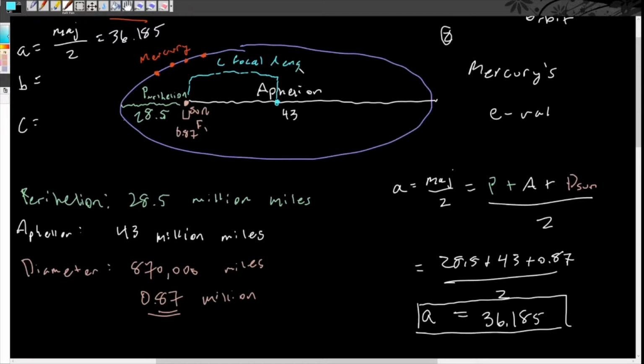How do we find this? Can you just assume that's going to be 36.185 in the center there, and then calculate the distance from that to the sun point? Isn't it half of the sun diameter and then subtracted from the aphelion?